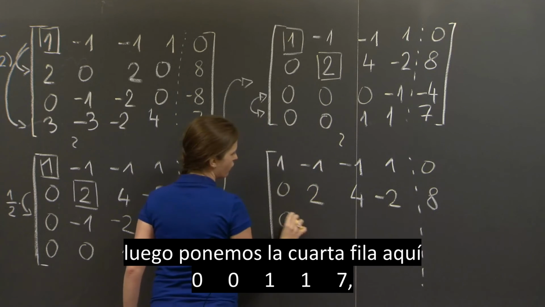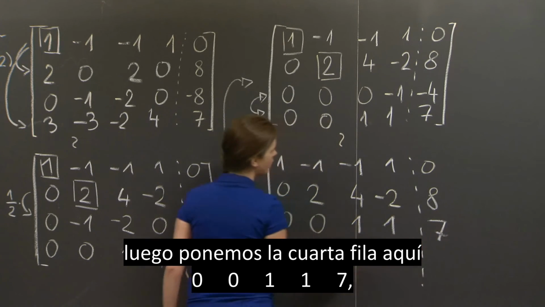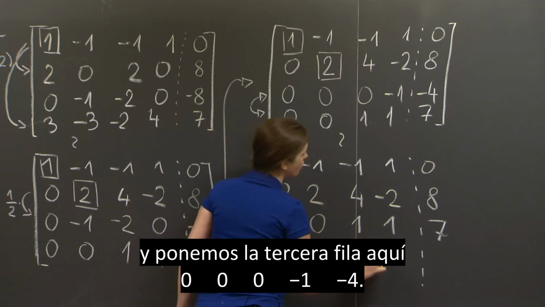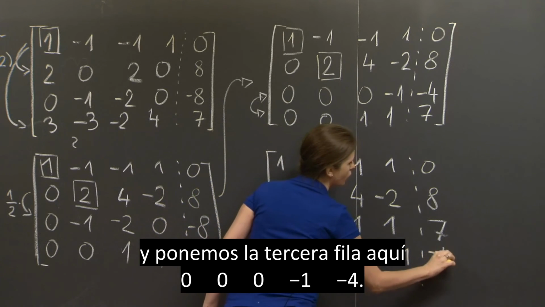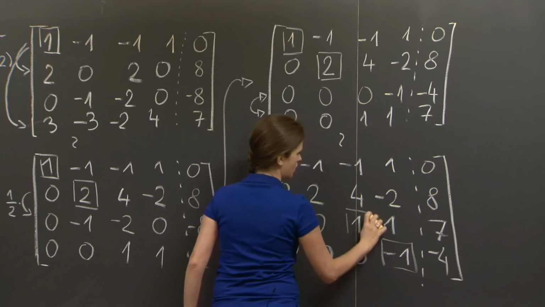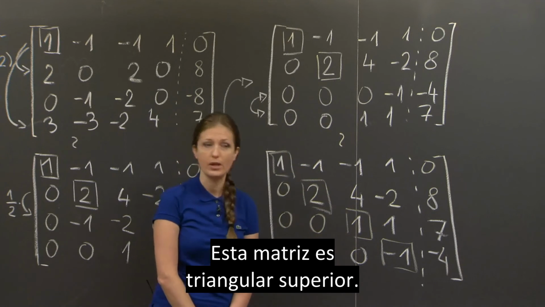Then we put the fourth row here, 0, 0, 1, 1, 7. And we put the third row here, 0, 0, 0, minus 1, minus 4. And there it is. This is an upper triangular matrix.